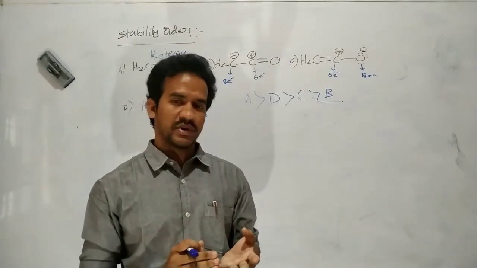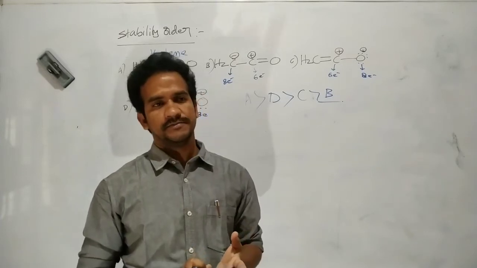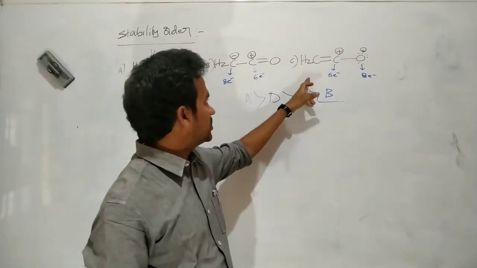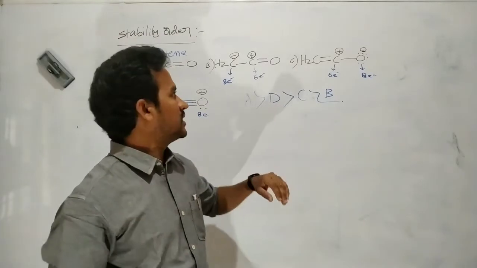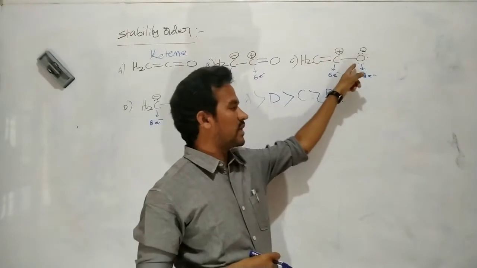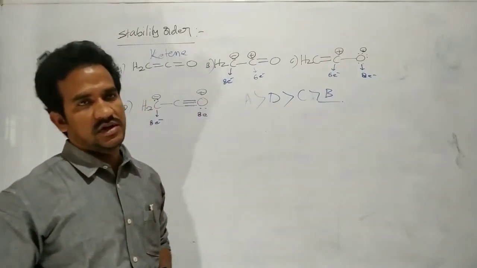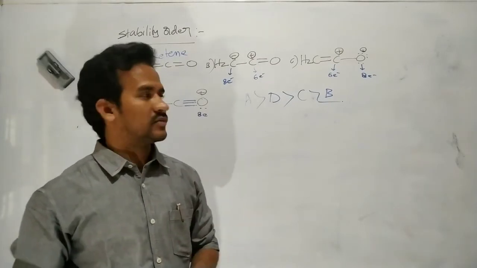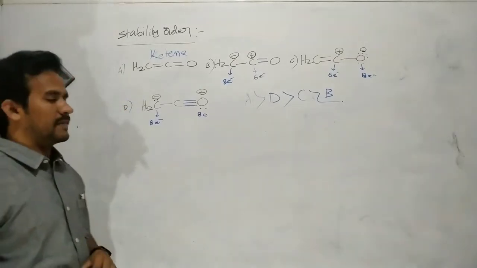First give priority to the neutral molecule, next the octet configuration, and next the charges. Here these two resonance structures have no charges, but here there is a C plus, here C plus, here CH2 minus, here O minus. O minus is stable when compared to CH2 minus, because the more electronegative atom holds the electron density very tightly. So that is the stability order of these resonating structures.